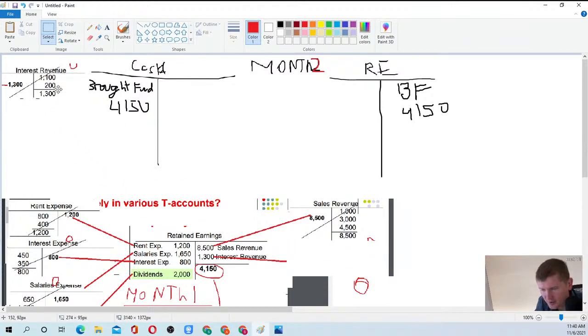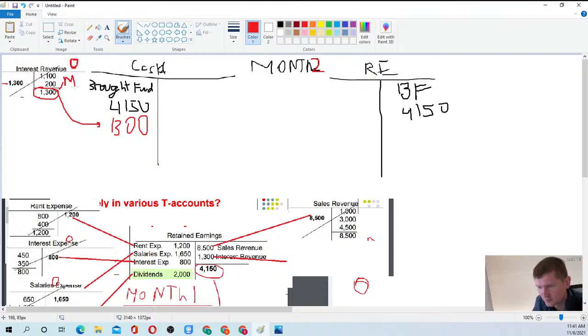So we got interest revenue here, and we received 1,300 in cash. And same at the end of the month, we close. So interest revenue was 0 at the beginning, but we made it again. Let's assume that was month 2 income.